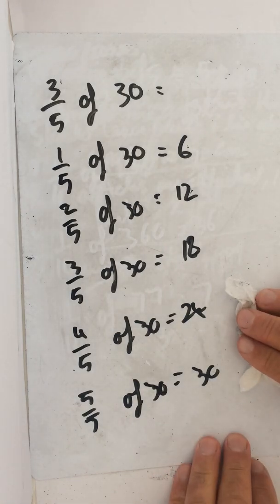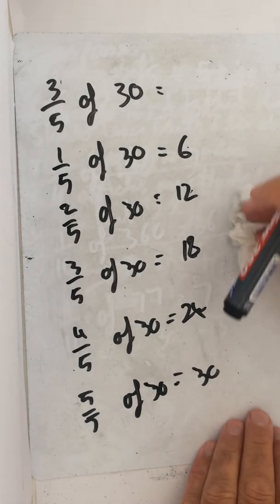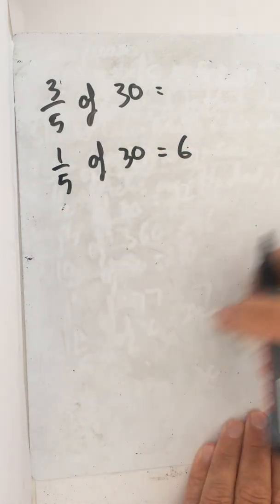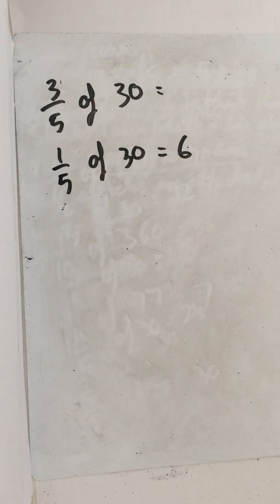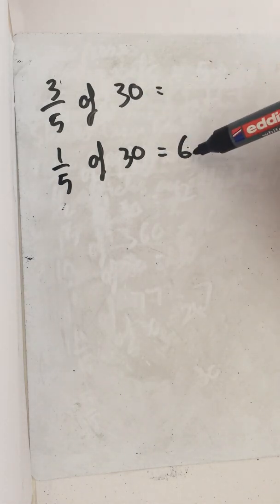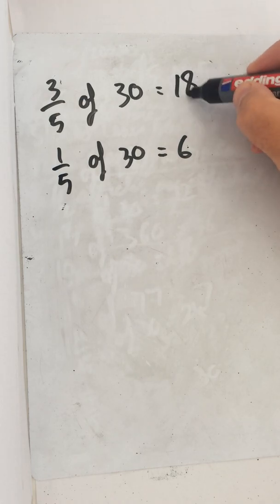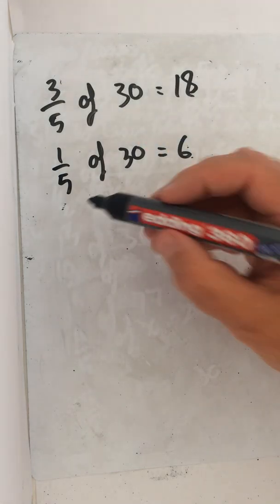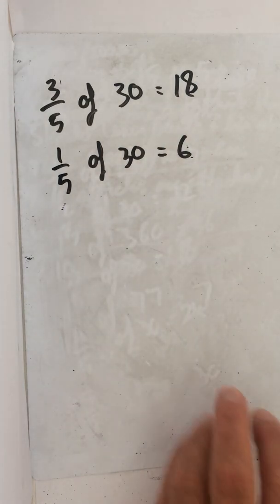When we're doing these, I'd like us initially to just write underneath 1/5 of 30 is 6, and then if 1/5 is 6, 3/5 will be 18, because I've got my 6 and I'm timesing it by that 3. If you need to write it underneath, 2/5, 3/5, you can.